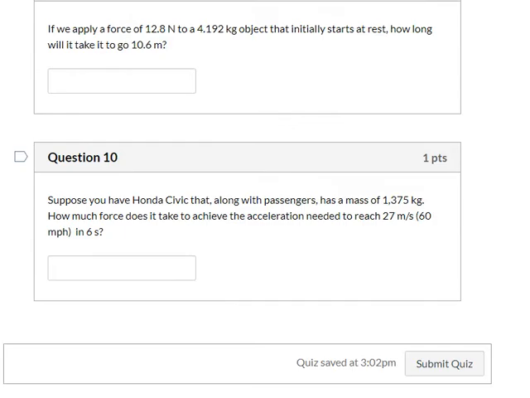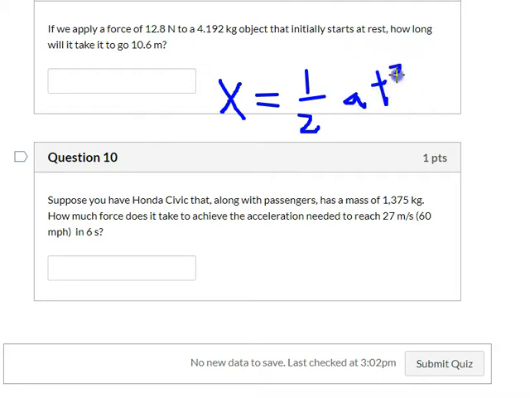Number 9. We have another force we're applying to an object. It starts at rest again, so v naught is 0. How long will it take to go this far? This is exactly the same thing, except we've got the distance and not the time. So I'm going to start where we left off last time. We have x equals 1/2 a t squared.